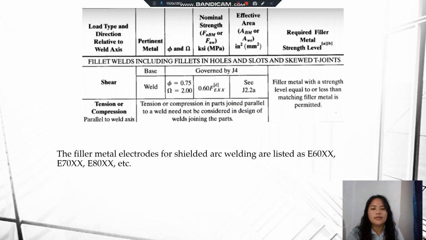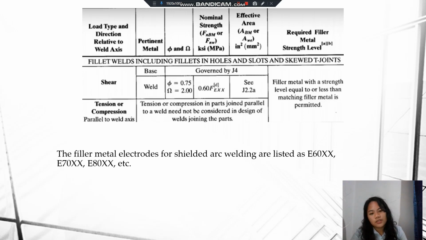So, yung pagkuha natin ng strength ng ating weld is para makuha naman yung nominal strength is ito according to the NSCP, 60% of FEXX. So, 60% of the nominal strength of electrodes. So, yung EXX na yun is the filler metal electrodes for shielded arc welding.